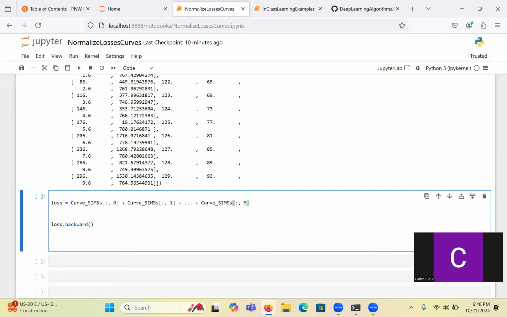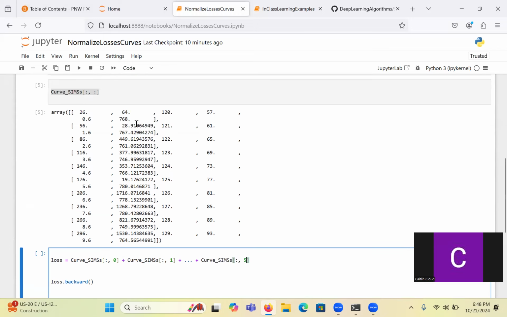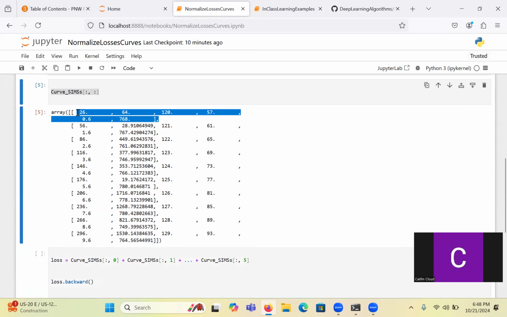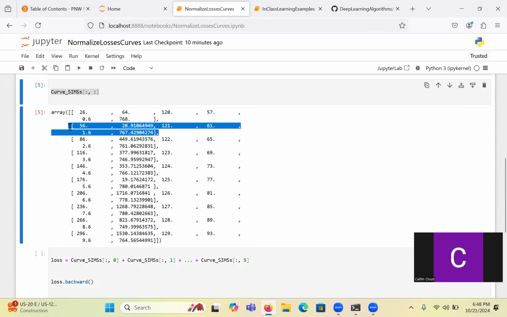We have 6 things that we gave the model, and the model made predictions for them. It gave us, for the first one, these 6 metrics. For the second one, these 6 metrics. So how do we use that information in the loss function? What do you guys think? Maybe the straightforward approach is just taking a mean. A mean of what?